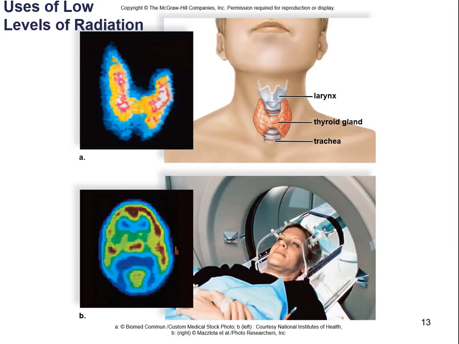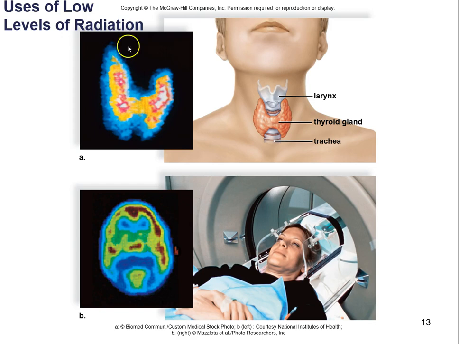And so this is giving you an example of uses of low levels of radiation, of radioactive isotopes. It's showing you some imaging techniques here. If you look at panel A, it's showing you a scan of the thyroid gland. In this case, you can radioactively label anything.